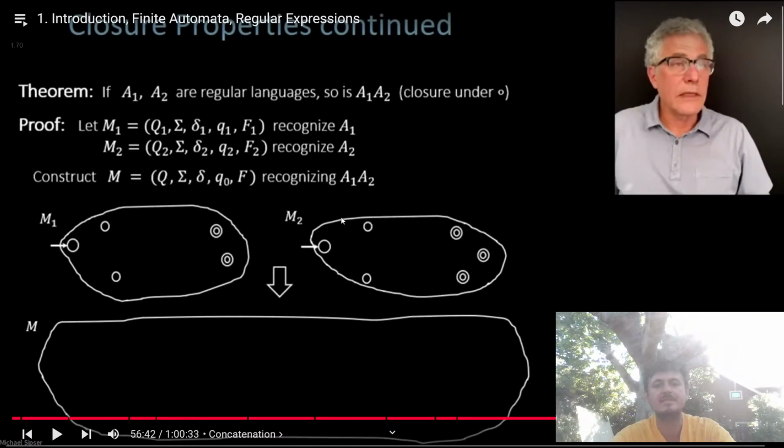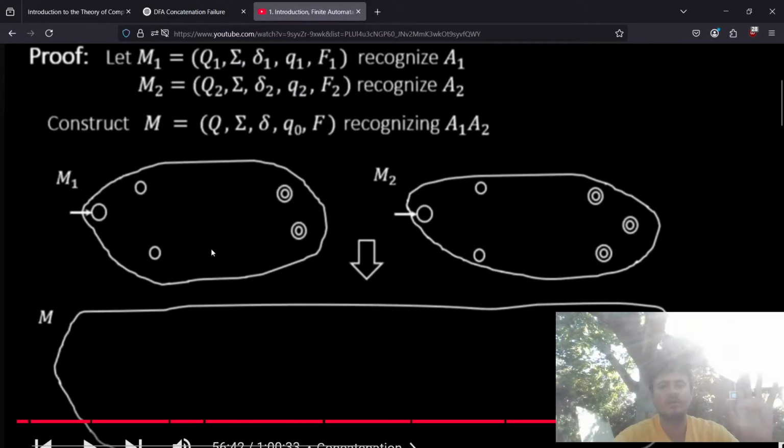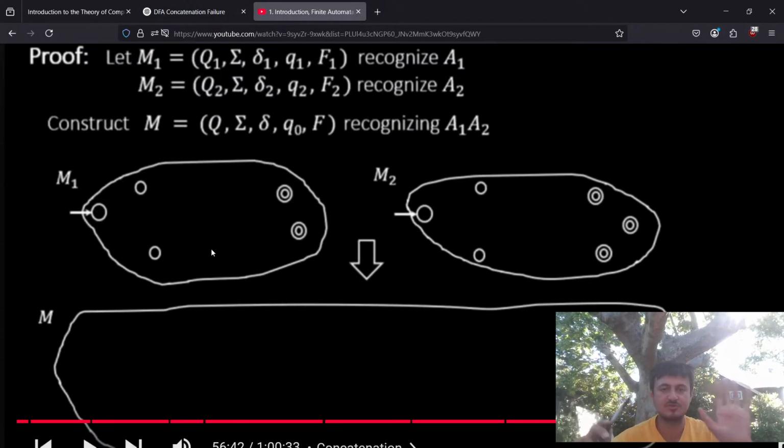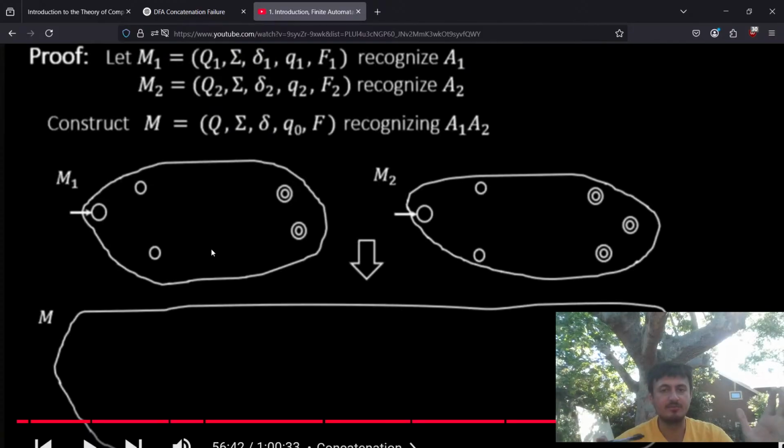Okay, so basically what happens here is we have our two machines and some string for the input, and for the concatenation language, we need to be able to break up our string into two parts. The first part gets accepted by the first machine and the second part gets accepted by the second machine.